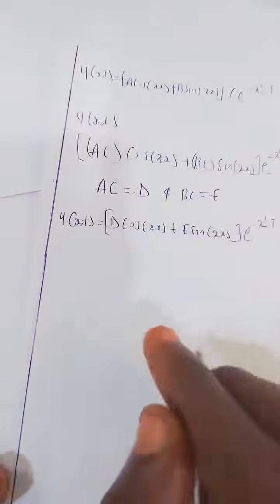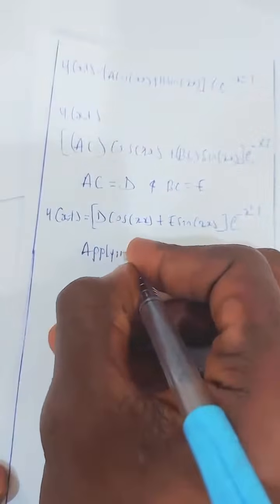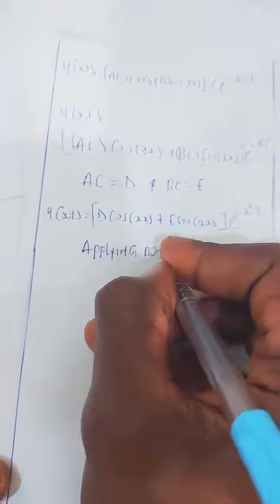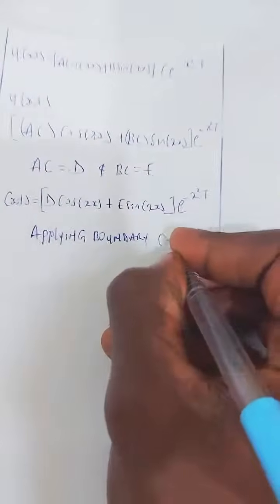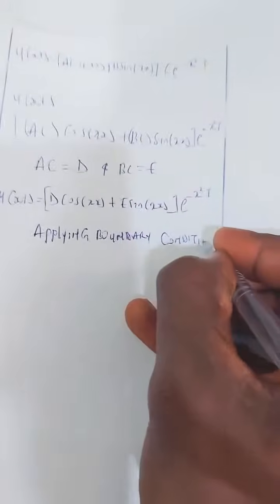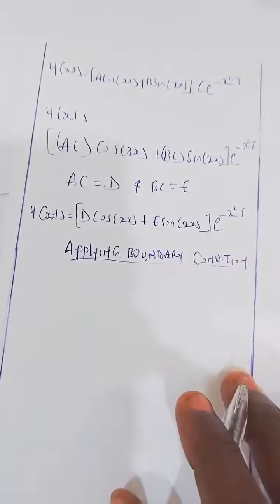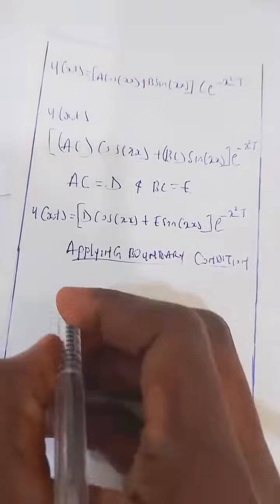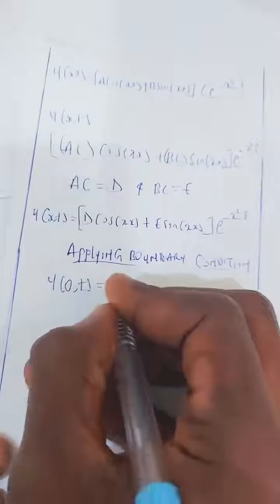Now applying boundary condition, given from the question, the first boundary condition is that u(0, t) is equal to 0.